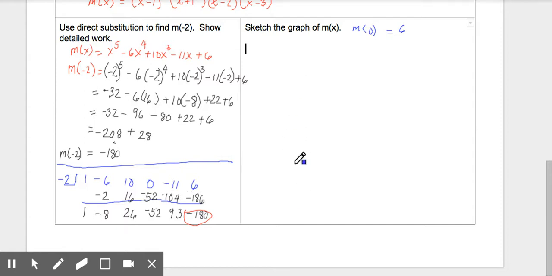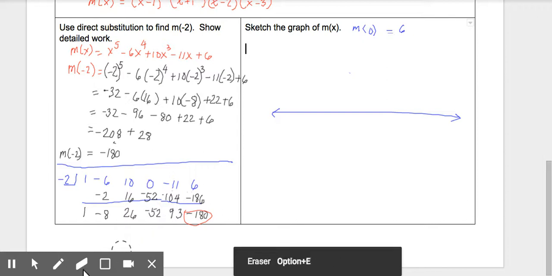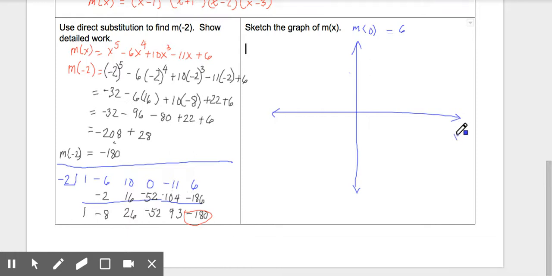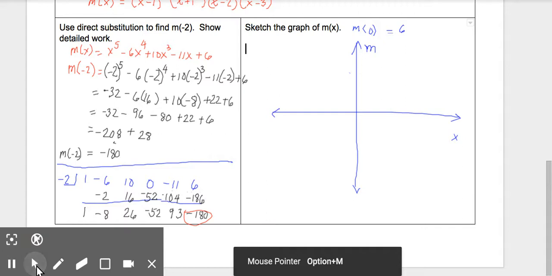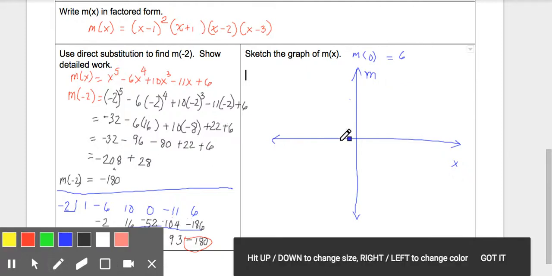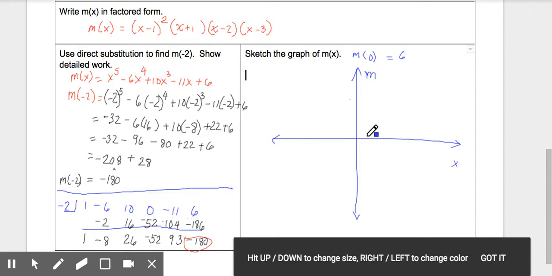Okay, so we got the x-intercepts and the y-intercepts, so we're ready to graph.